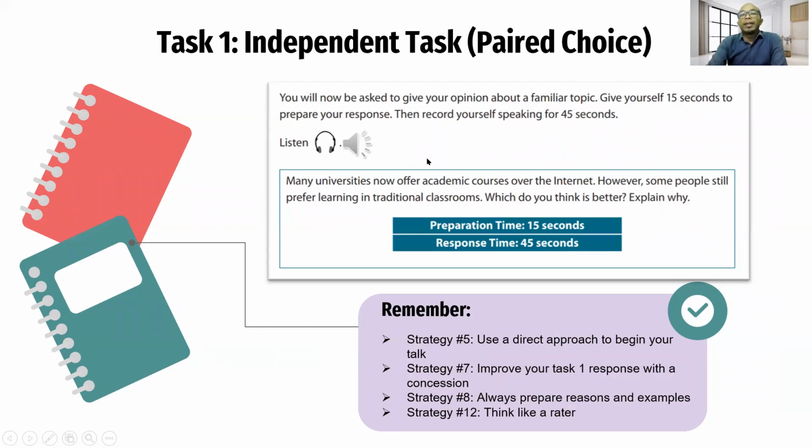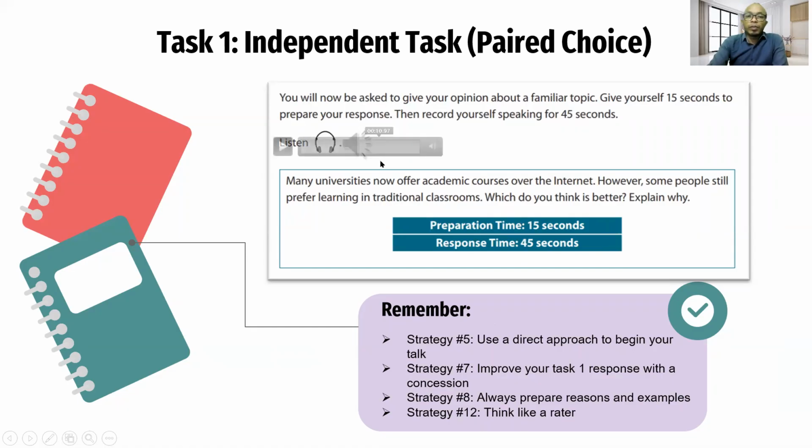In the actual test, after the narrator speaks, and it usually says the same instruction or question given, the timer for the preparation will start automatically. So you have to be ready to start preparing yourself for your response. And when the 15 seconds is up, the 45 seconds response time will automatically start as well.